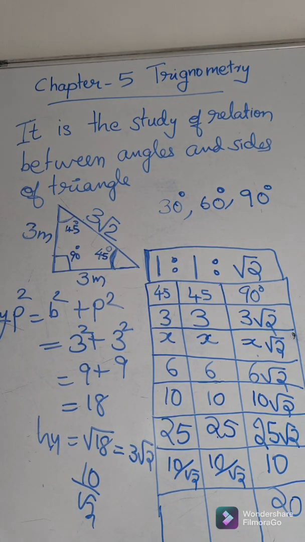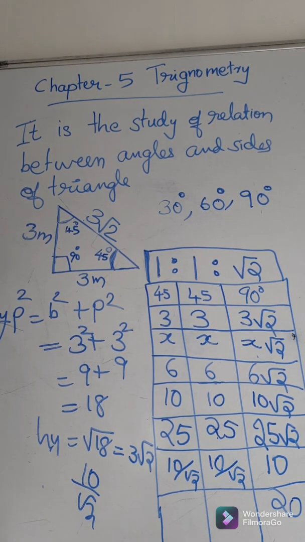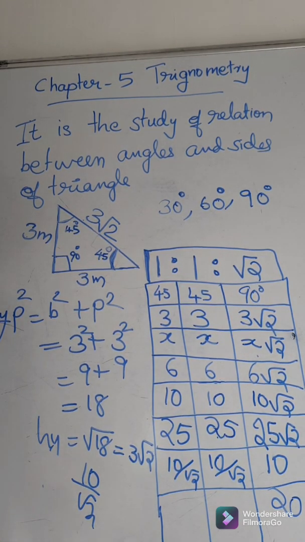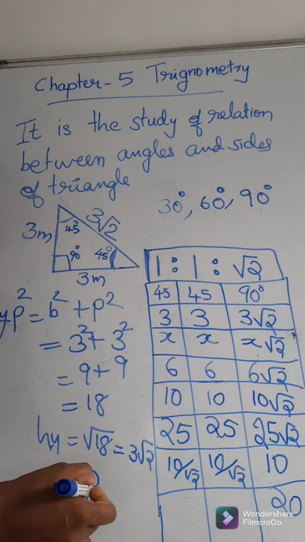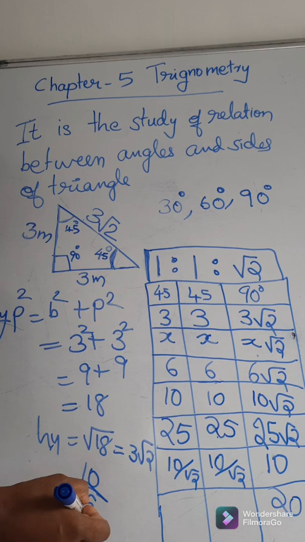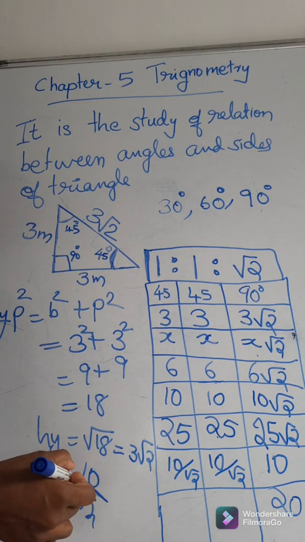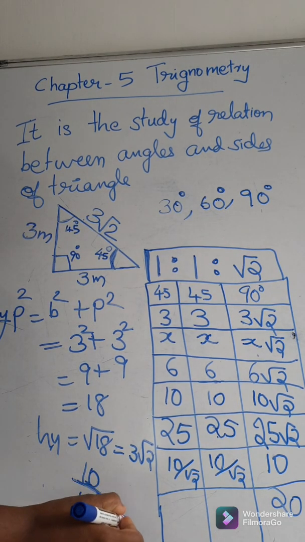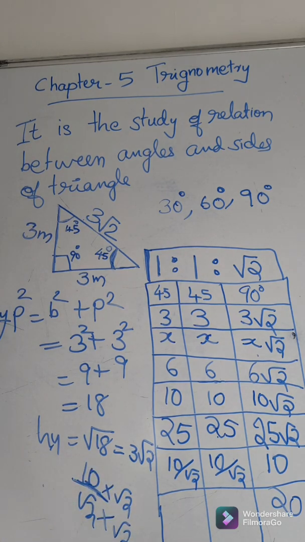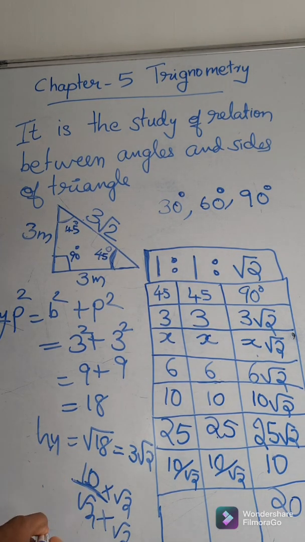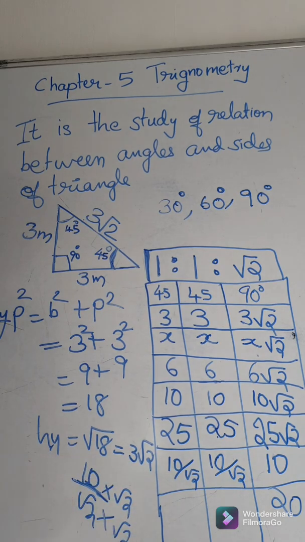Normally, we will not write root 2 in the denominator. If we write like this, no problem, but normally we are not writing in this way. So we can change this by multiplying by root 2 in the numerator and denominator. Always we will write root 2 in the numerator normally, because there is no change.